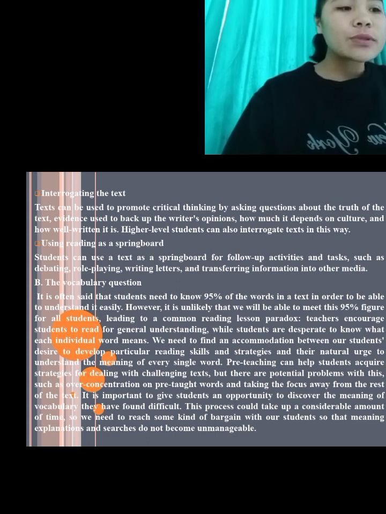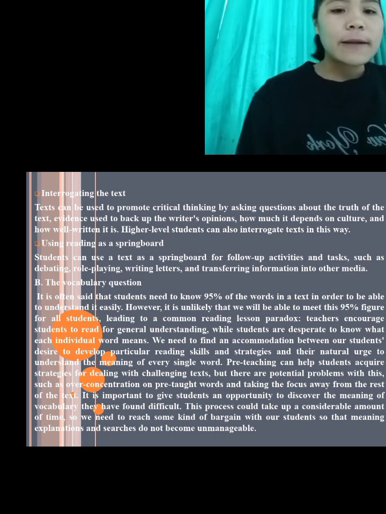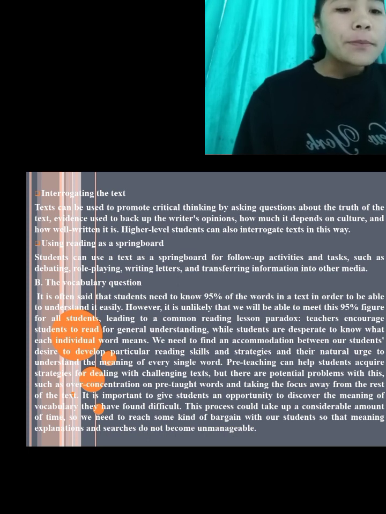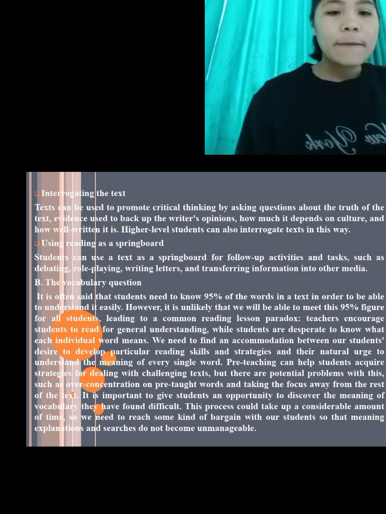Pre-teaching can help students to acquire strategies for dealing with challenging texts, but there are potential problems with this, such as students concentrating on the pre-taught words and taking the focus away from the rest of the text.